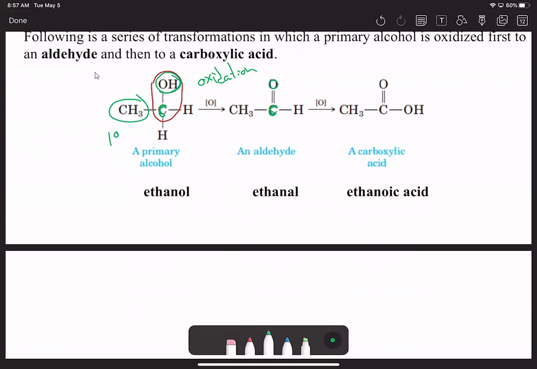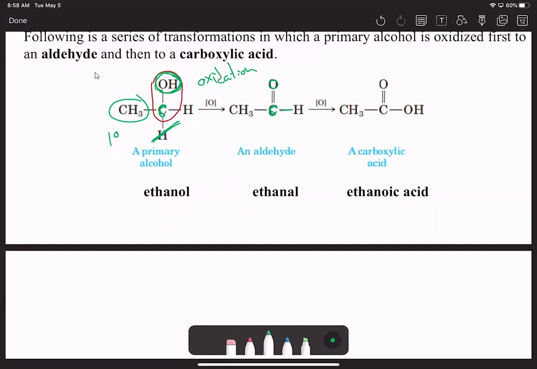So instead of removing this completely, we make a double bond to that oxygen, and we remove one hydrogen. So oxidizing a primary alcohol, we form a double bond to the oxygen, and we remove one hydrogen.